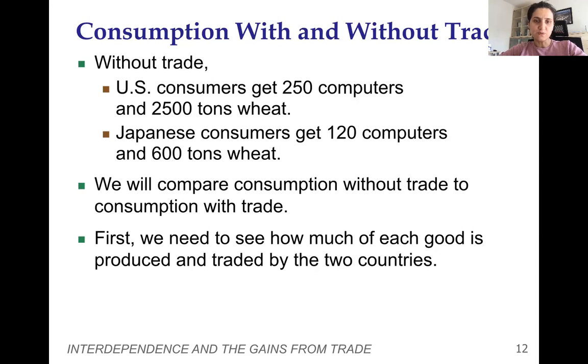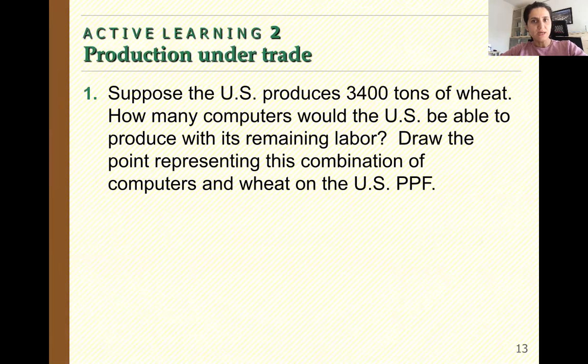First we need to see how much of each good is produced and traded by the two countries. Suppose these are all assumptions. I'm going to show you how we arrive at this situation. These are the numbers just to show you each country is better off by trading.